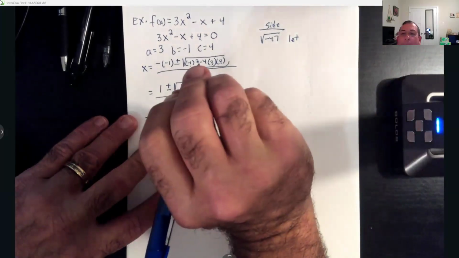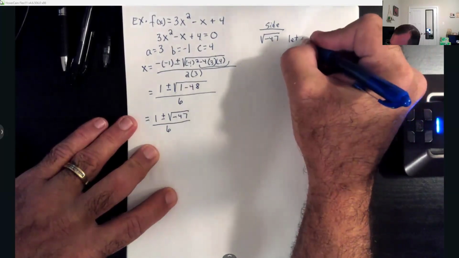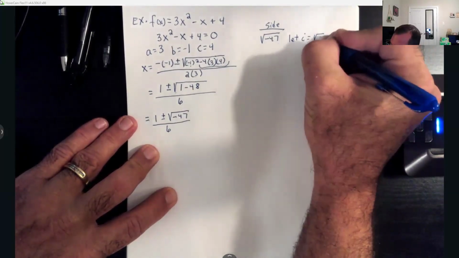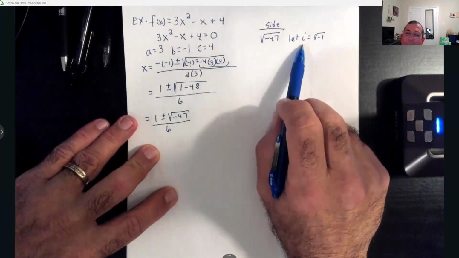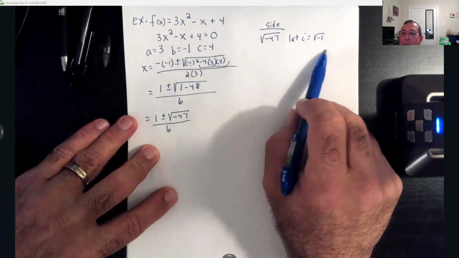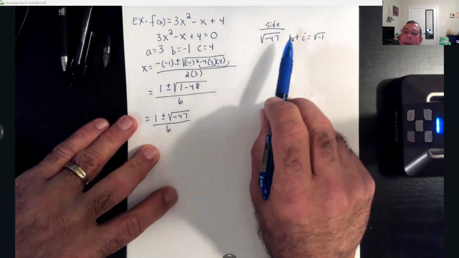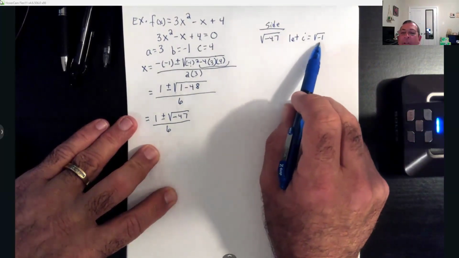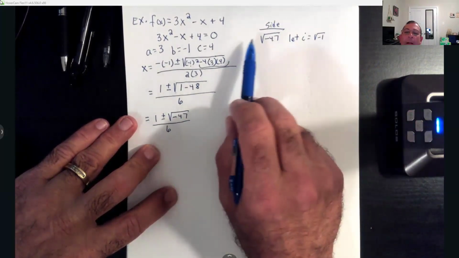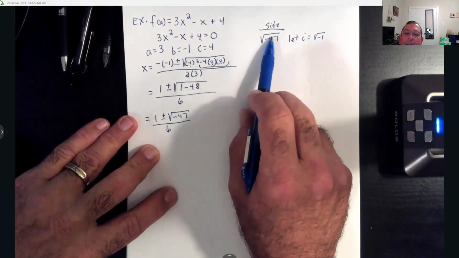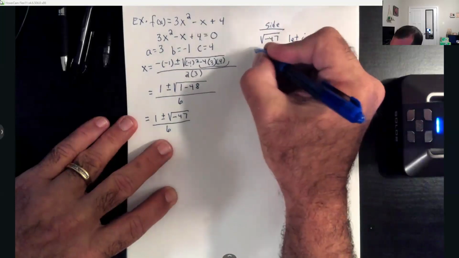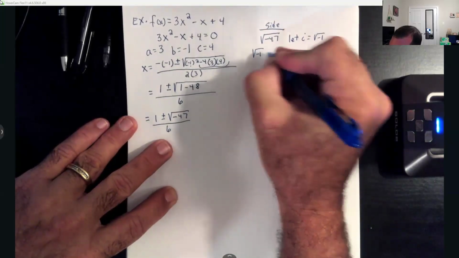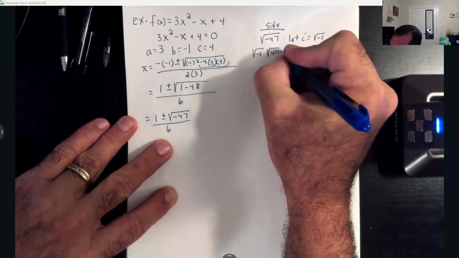So they said, well, we're going to let I equal the square root of -1. So it's like pi. When you see pi equals 3.14, blah, blah, blah. When you see an I, it equals the square root of -1. So there's no perfect square factors in 47, but I got to take care of that negative. So what we do, we break that negative out as a -1.